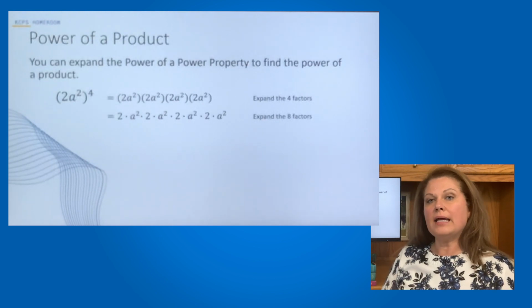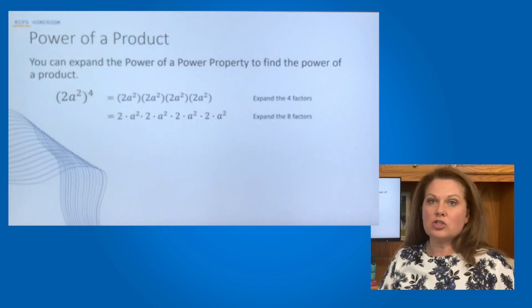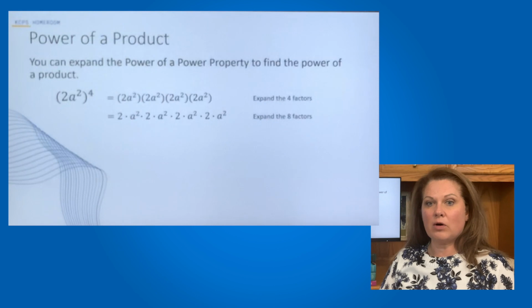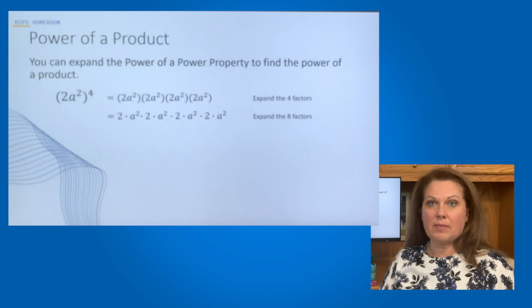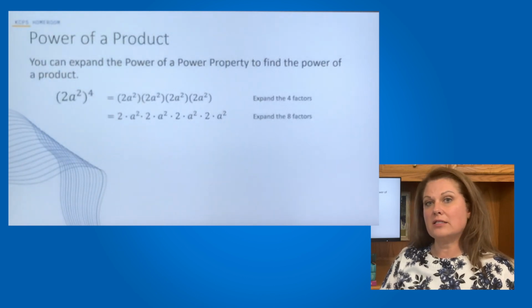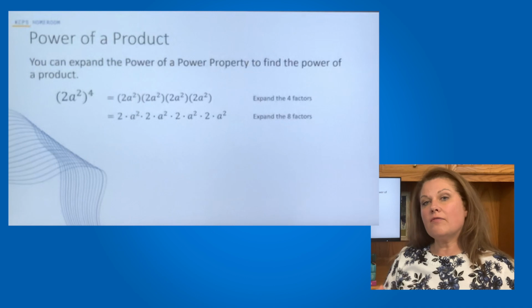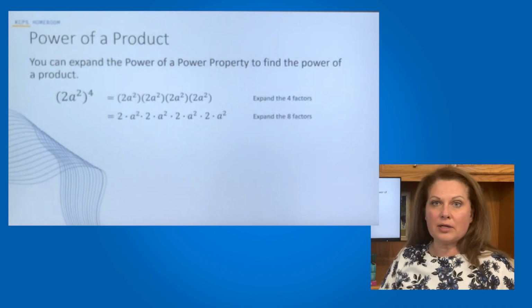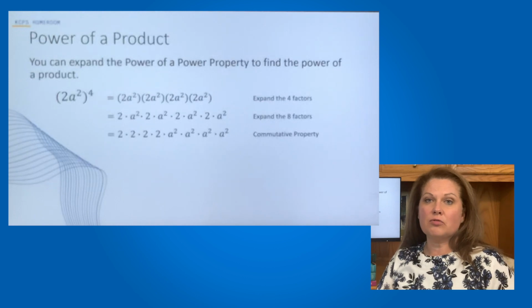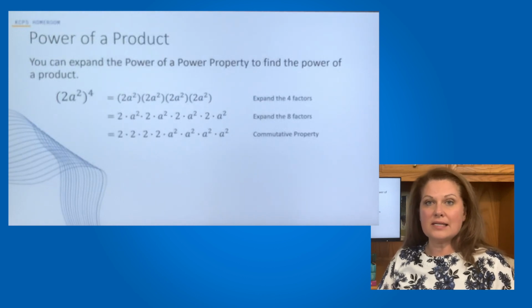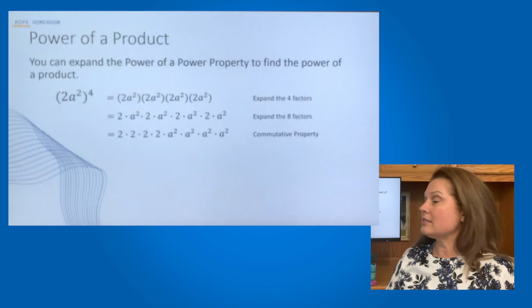So when we break it apart, we're saying 2 times a to the second power times 2 times a to the second power times 2 times a to the second power times 2 times a to the second power. If I rely on some of my other properties, the commutative property allows me to group like bases together, like coefficients as well.